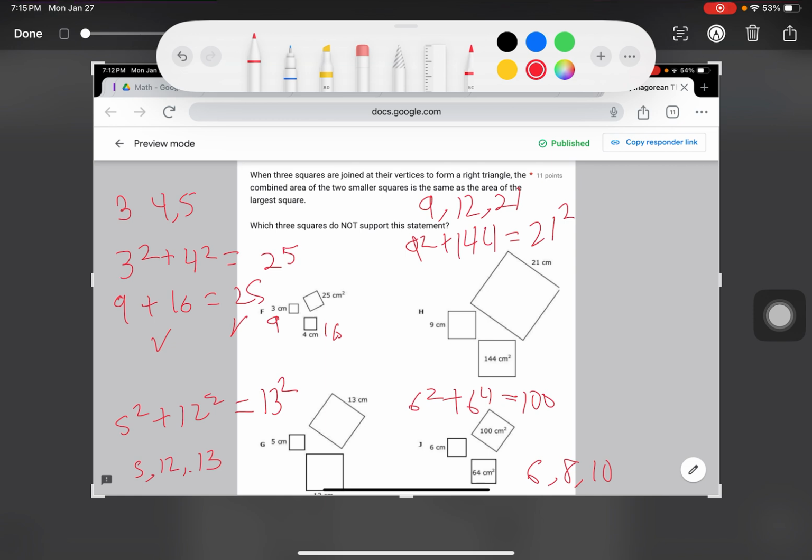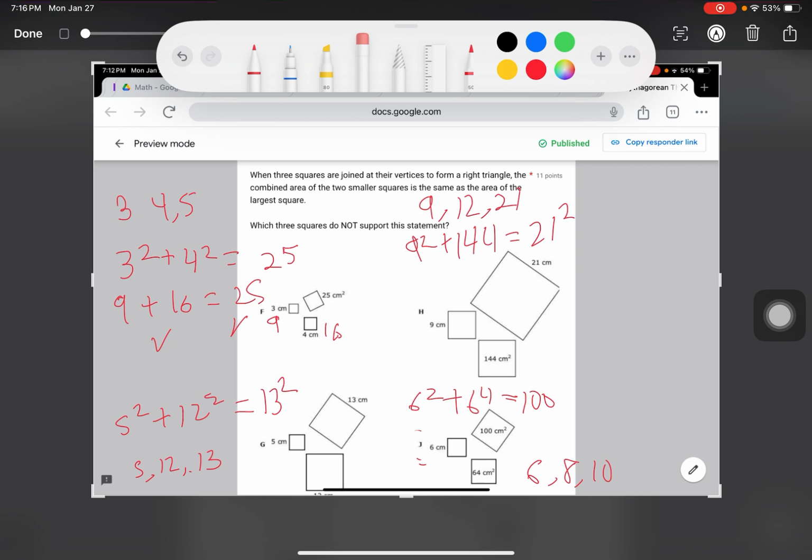Now, if you know your Pythagorean triples, this makes it easier. Like I know 3, 4, 5. So I know J would make a right triangle, because if you multiply 3 by 2, you get 6, 4 by 2 you get 8, and 5 by 2 you get 10.